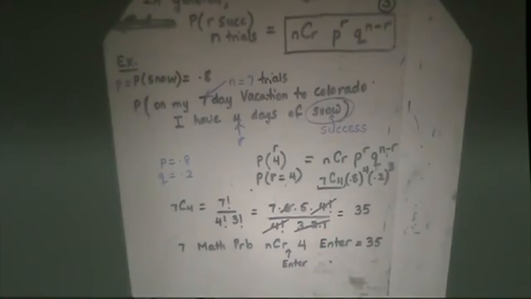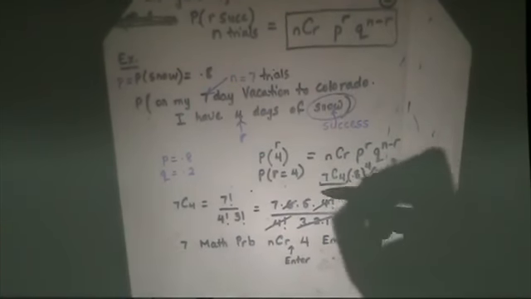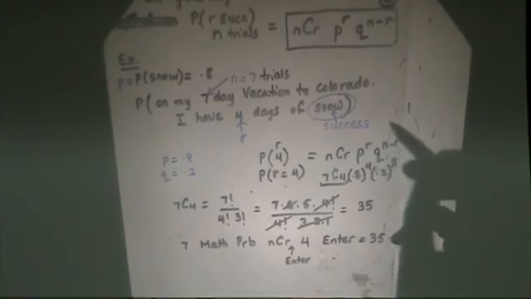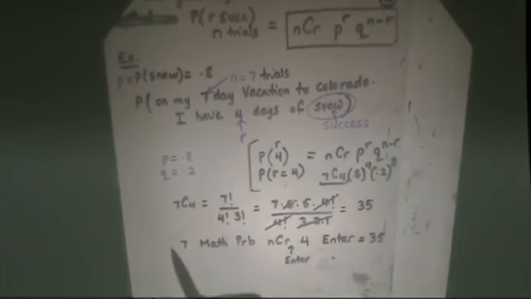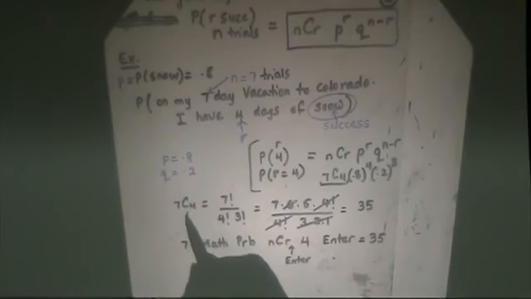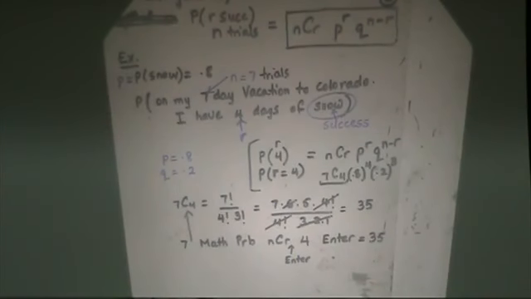Okay, so how could I have done this whole problem on the calculator? This part is just 7 choose 4, right? But let's say I wanted the whole thing done. Let's get my calculator.